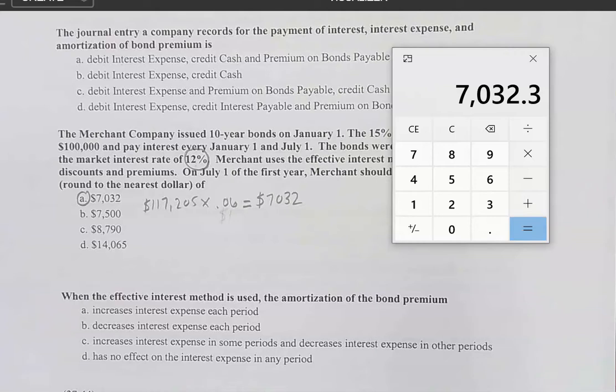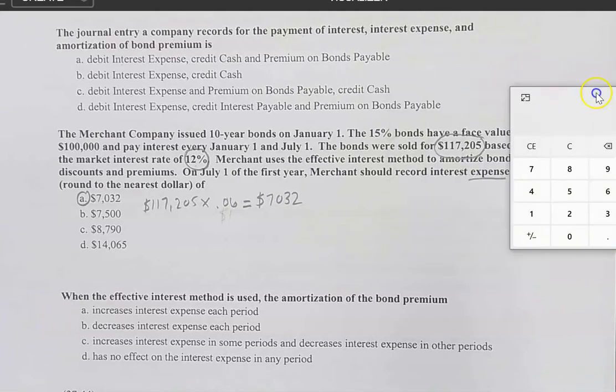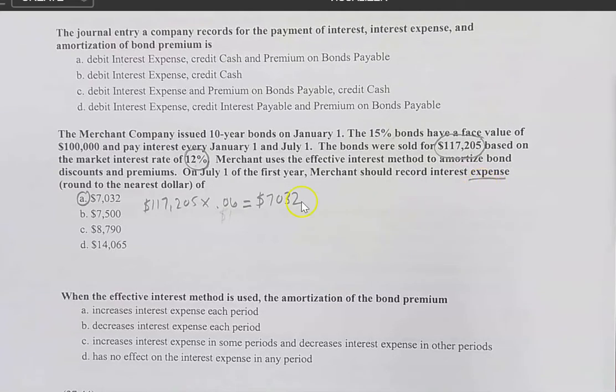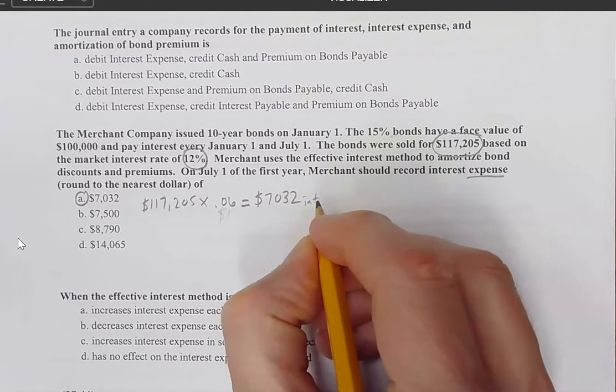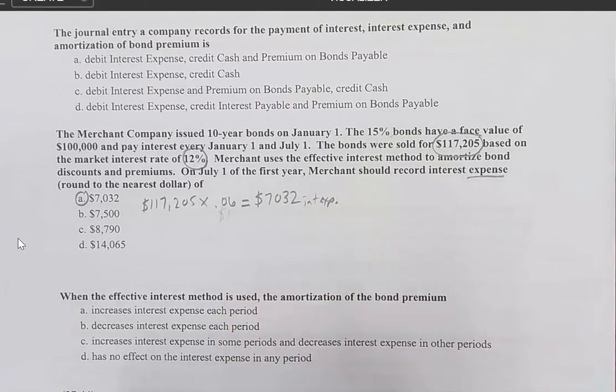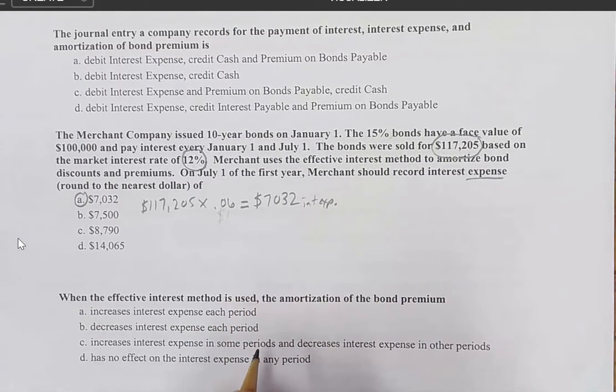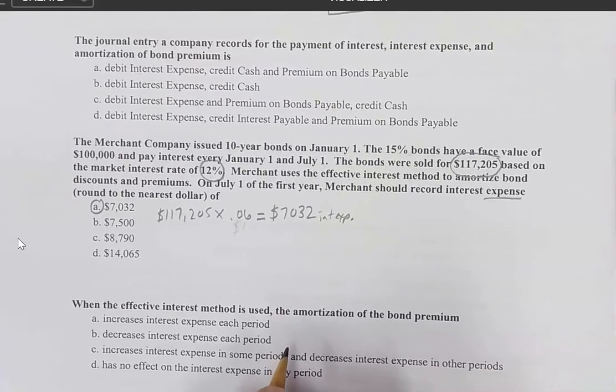Our answer is choice A. $7,032 is our amount of interest expense recognized. So let's go up here.